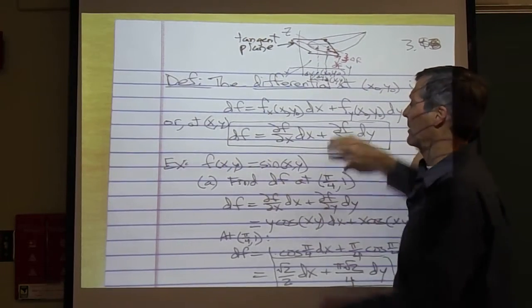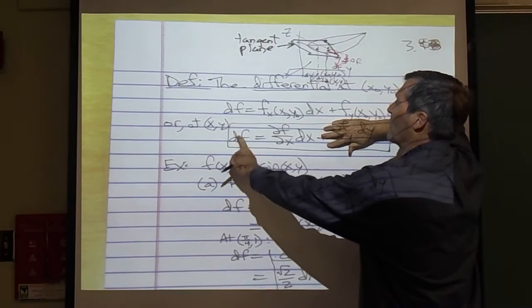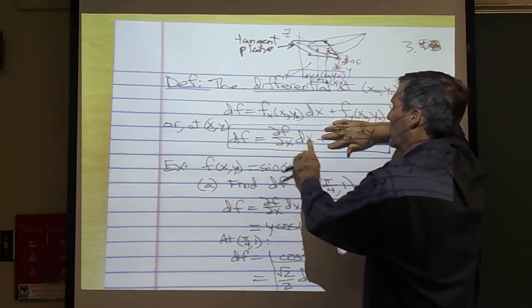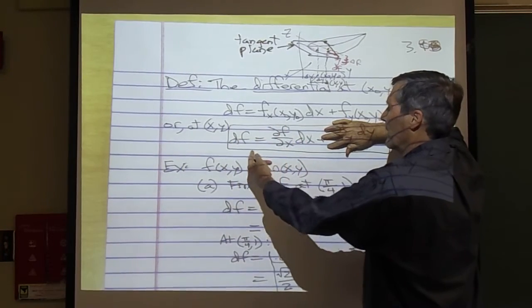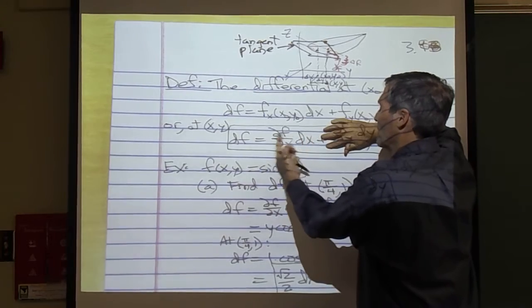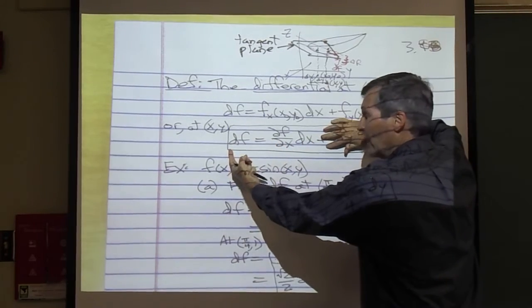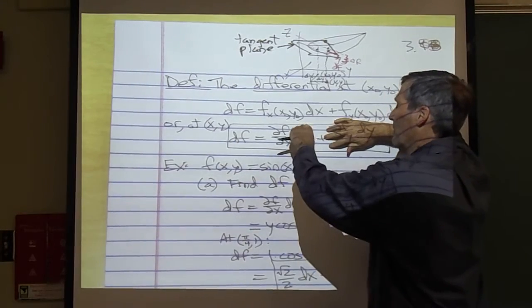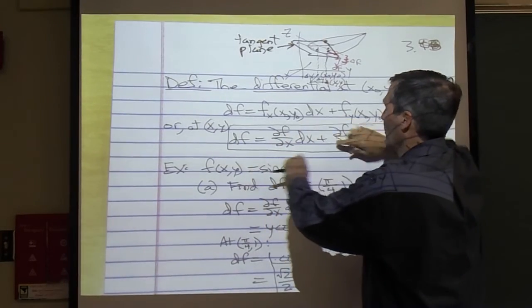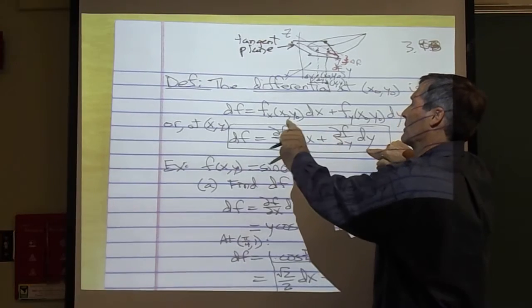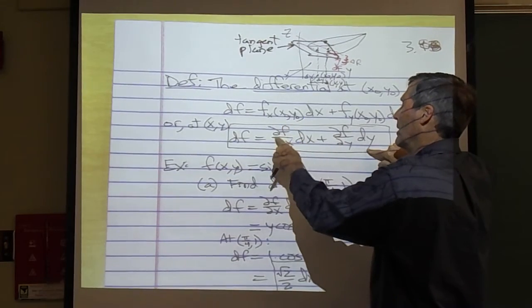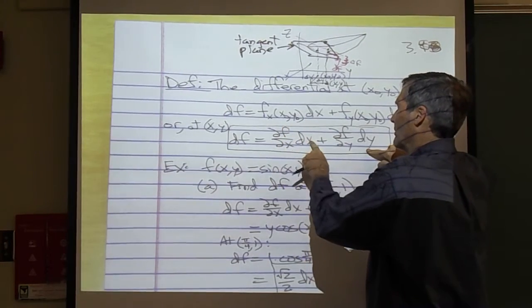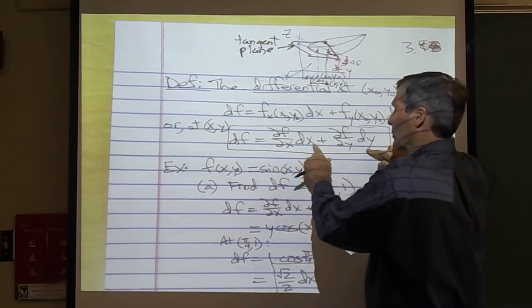So it looks like calculus 1. In calculus 1, for a function of one variable, you took df/dx dx with the ordinary derivative. This was like the run times the slope, which gave you the rise, the estimated change in f. Now, though, you have to take the changes you move in the x direction plus the changes you move in the y direction. So it's df/dx dx. This is the slope times the run in the x direction, which gives you the rise in the x direction.